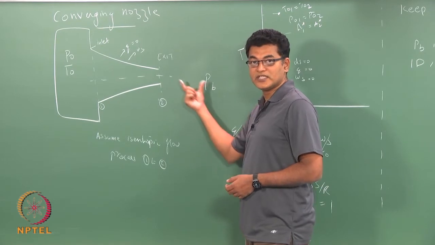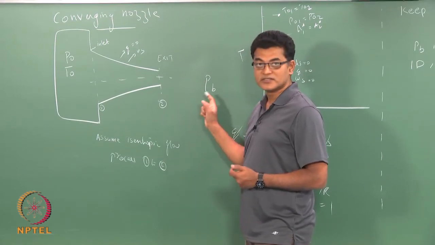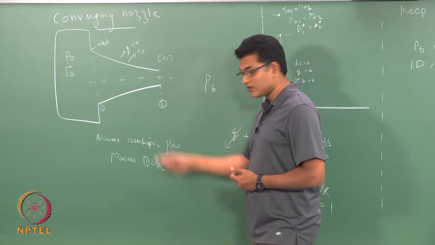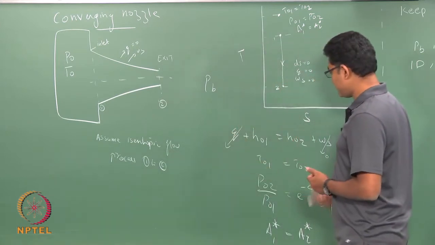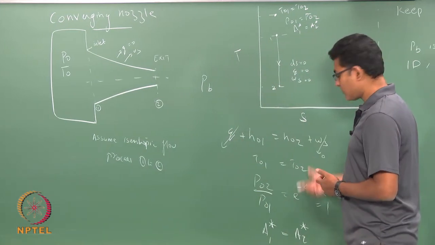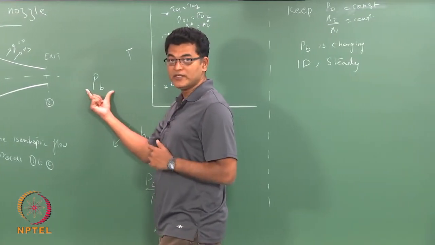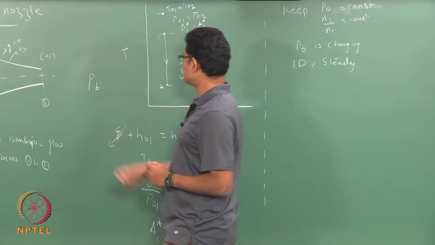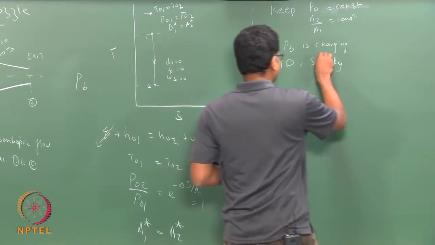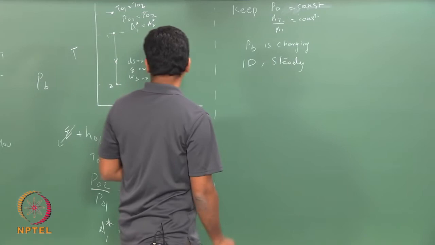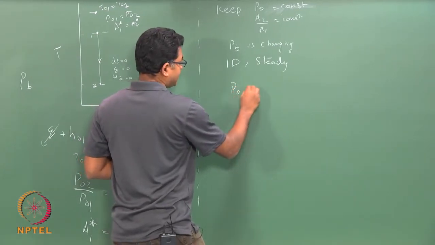Okay. So, there is no time variation. This is the steady process we are going to do. All these examples that we are going to see are steady processes. So, remember that. We will change this Pb to a new value and see what happens, without including the time variation.